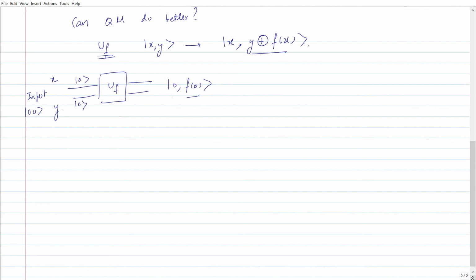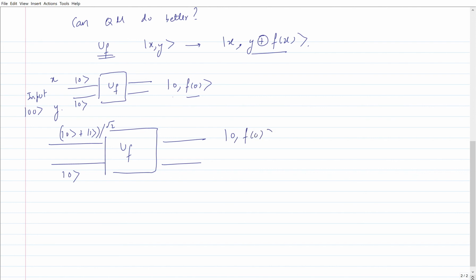Now let's say on the same machine I send in a superposition of 0 and 1 on this wire, and over here I send in 0. What does this output give me? Now my output is going to be 0, f(0) like before, in a superposition with 1, f(1).